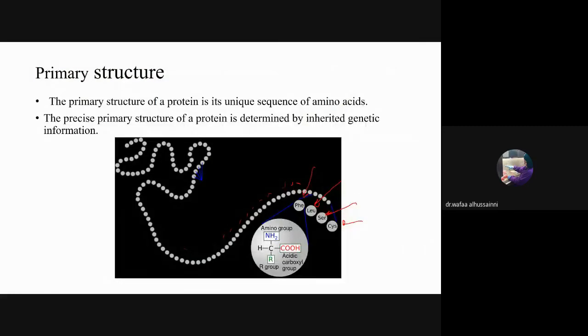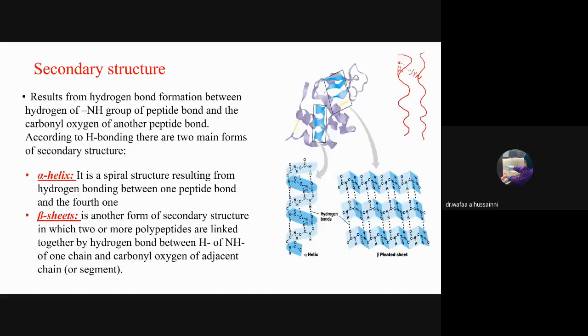Here you need to know, what kind of bond do we have here? Peptide. We have the type of bond in the primary structure is a peptide bond. Here we have the peptide bond that made up our protein, and we have hydrogen.